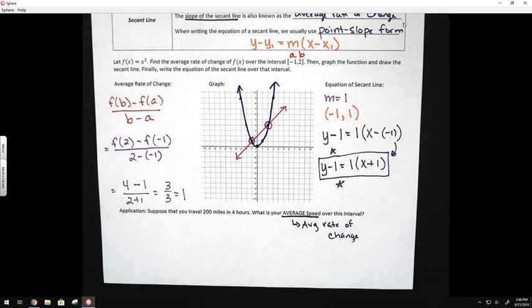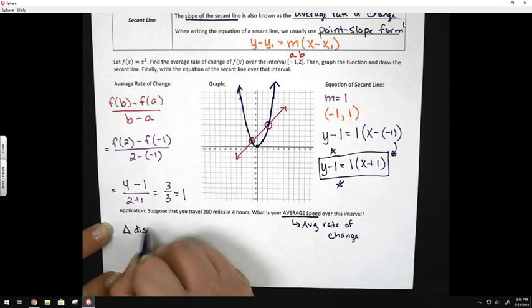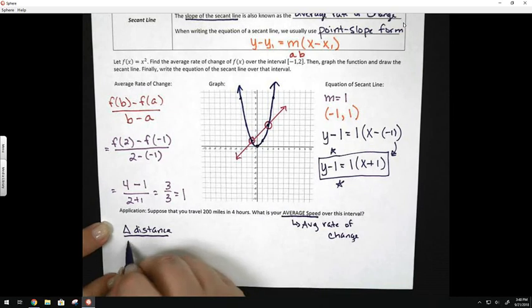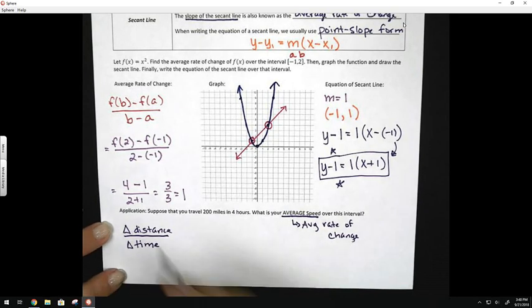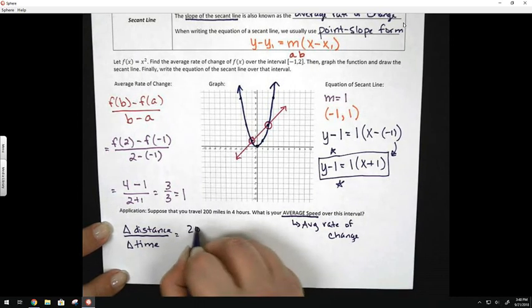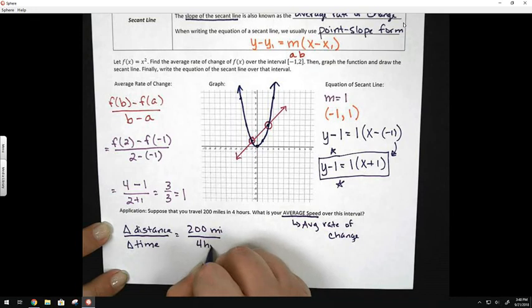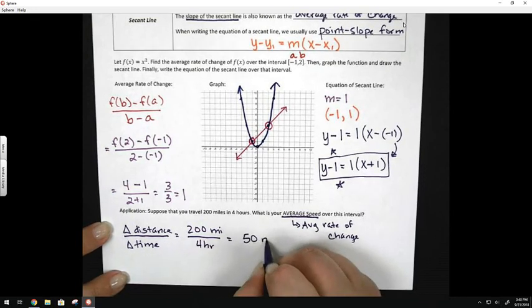So when we look at this, the average speed is just the change in the distance over the change in time. So that means 200 miles in 4 hours, which means your average speed is 50 miles per hour.